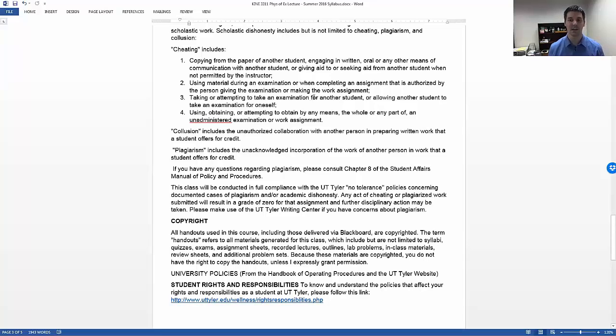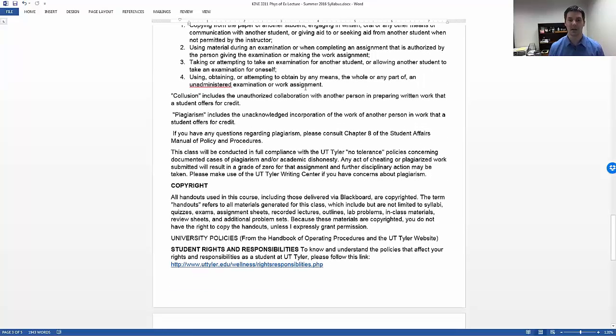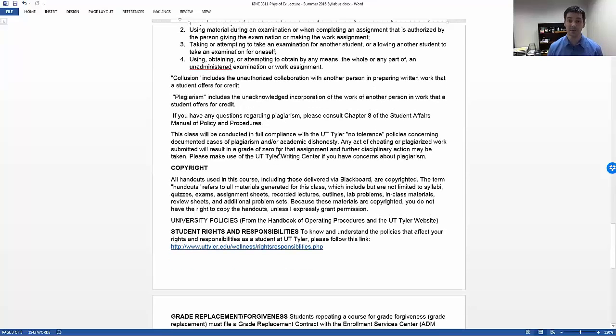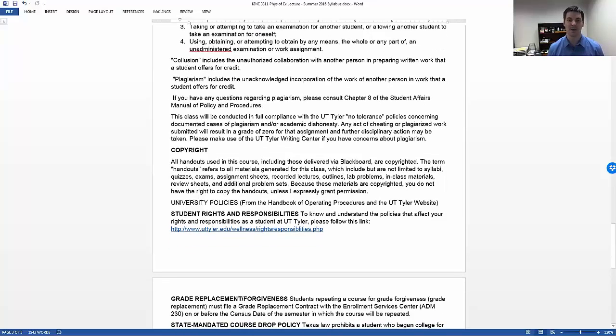Using material when I've asked you not to, so taking a quiz or something open notes when I've asked you not to, taking or attempting to take an exam for another student, or allowing another student to take an exam for oneself, using or obtaining or attempting to obtain any part of an unadministered exam as well.